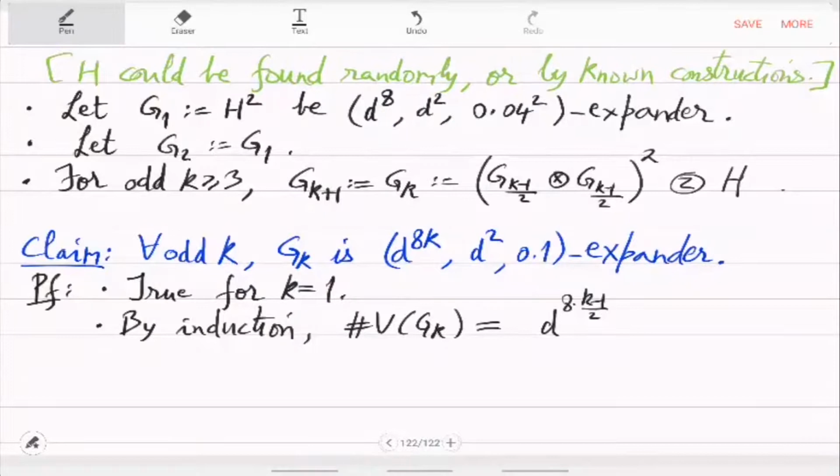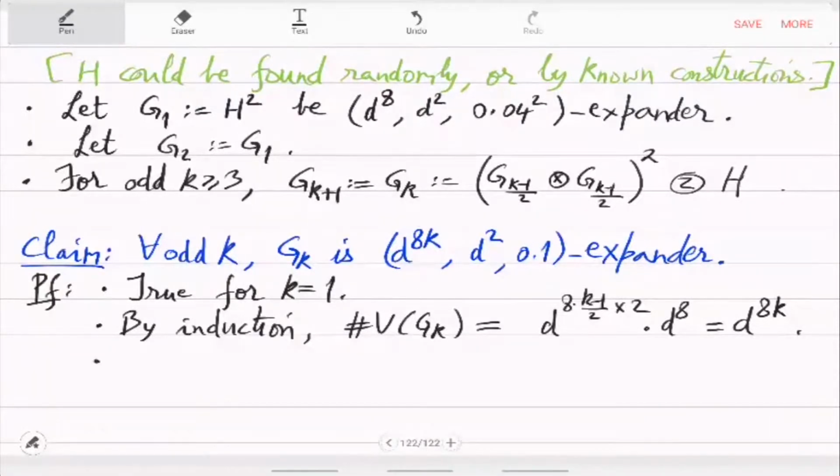Tensor product will square it. Path product will not change it, and zigzag product will multiply it with the vertex set of H, which is also d raised to 8. So that's d raised to 8k. Right. So this checks out.